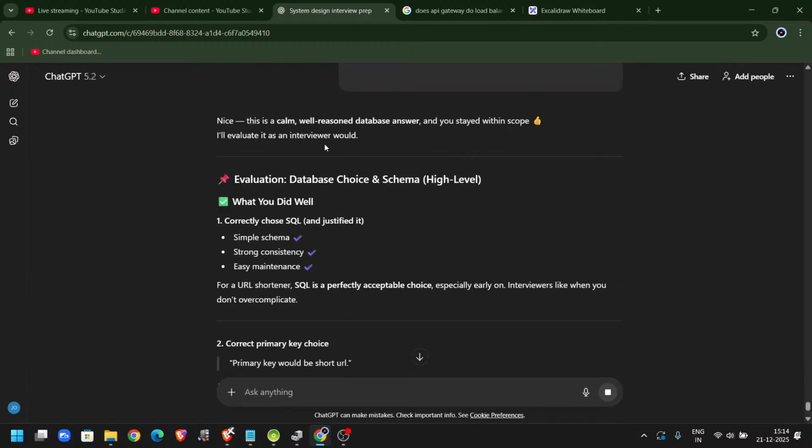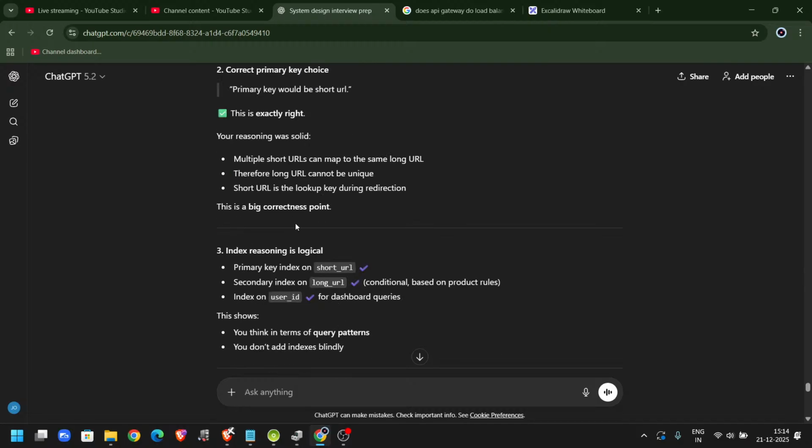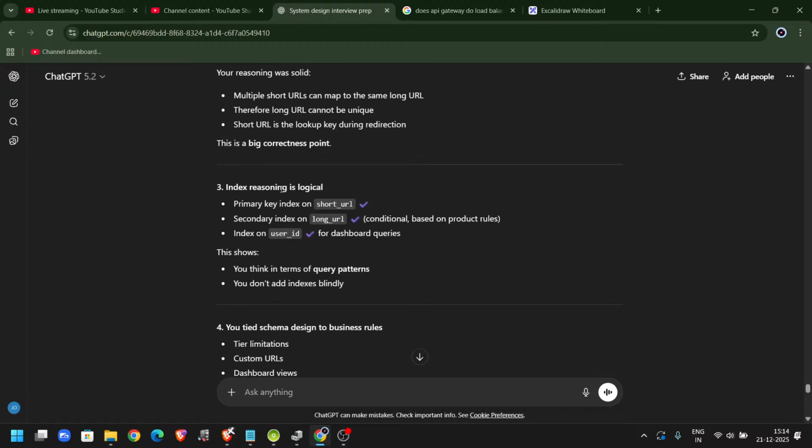This is a calm, well-reasoned database answer and you stayed within scope. Simple schema, strong consistency, easy maintenance. For a URL shortener, SQL is a perfectly acceptable choice, especially early on. Interviewers like when you don't overcomplicate. Indexing reasoning is logical: primary key, secondary key, index on user ID for dashboard queries.